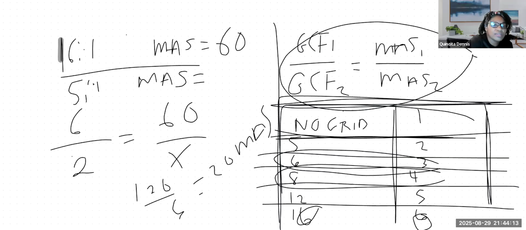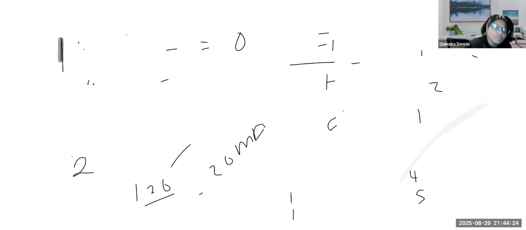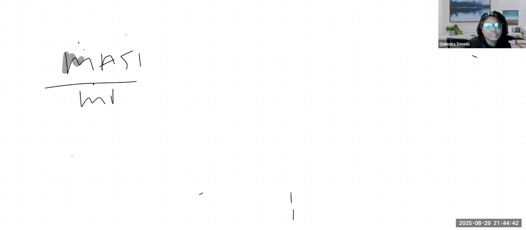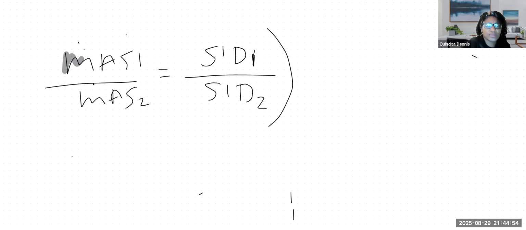The formula was, let's see, mass 1 over mass 2 is equal to SID 1 over SID 2, and this entire side was squared.